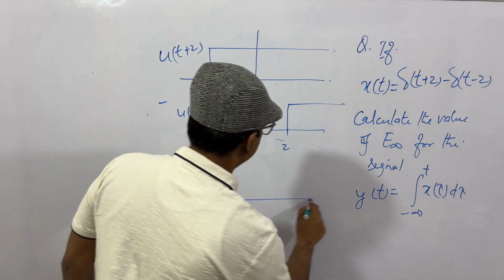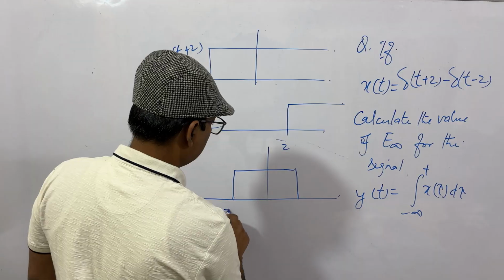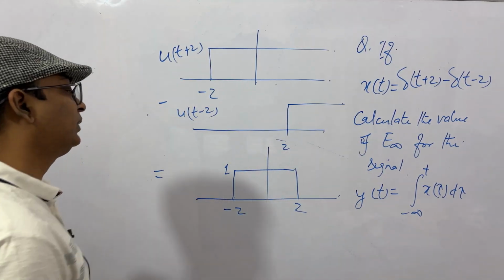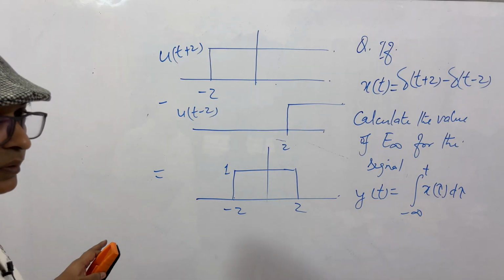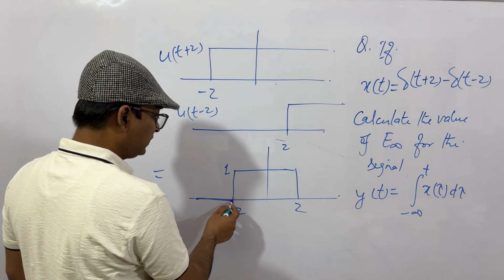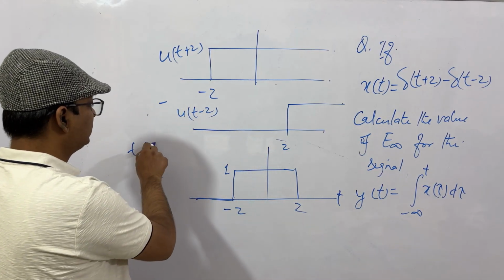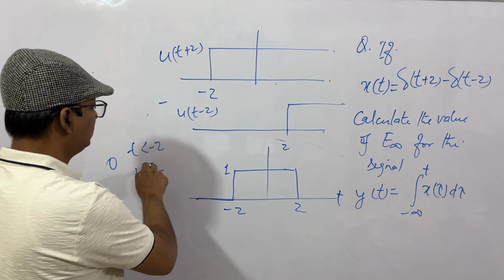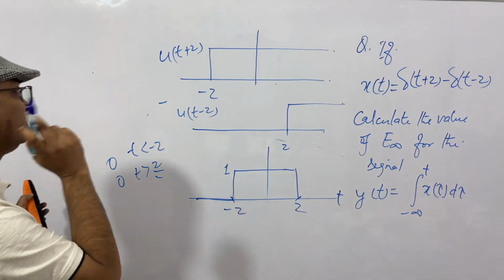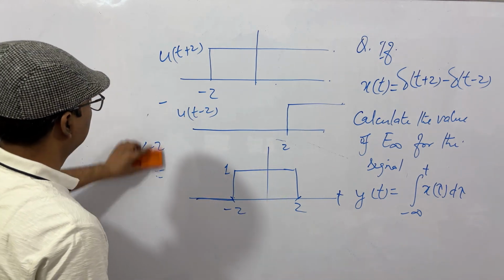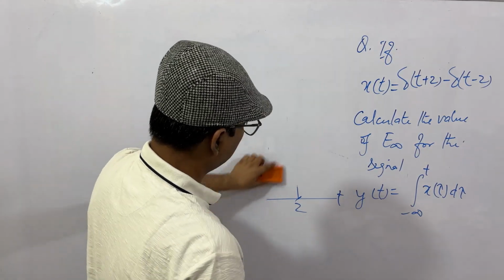You will get a function like this: from minus 2 to plus 2 you have this value, and this side is truncated. So this is the final signal that we get. The value of the signal where t is less than minus 2 is 0 and t greater than 2 is 0, so you have value between minus 2 and 2 only. Clear? You have to understand this. u(t + 2) − u(t − 2) means minus 2 to 2. Now this is clear, and this is a unit step function.